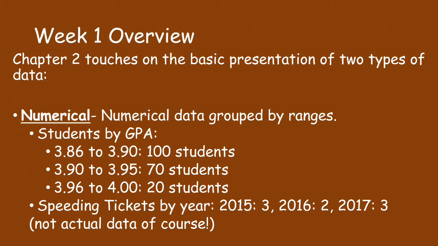This is not actual data, of course. I'm not owning up to this. But for example, maybe somebody had 3 tickets in 2015, 2 in 2016, and they didn't learn their lesson and they're back to 3 in 2017. That'd be an example of grouping numbers by ranges. Now, this is just a basic description of how we identify numbers, and we can break it down even more. But in business, these two breakdowns work for the majority of our decisions.